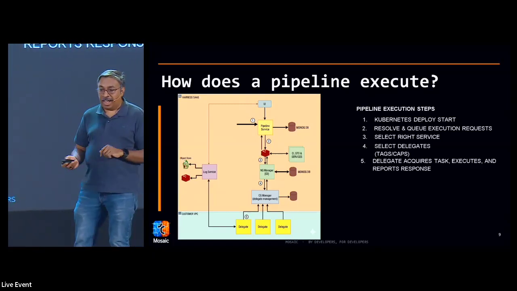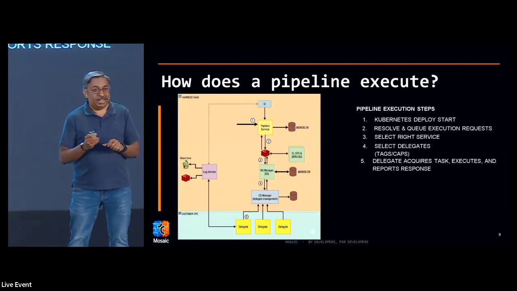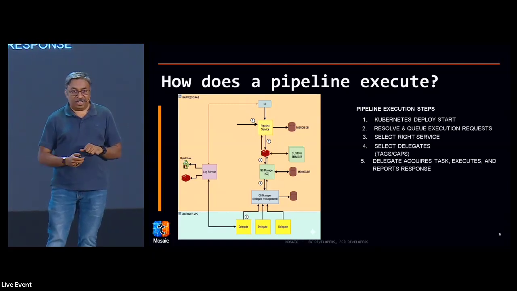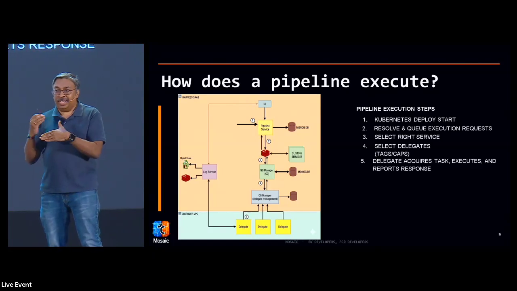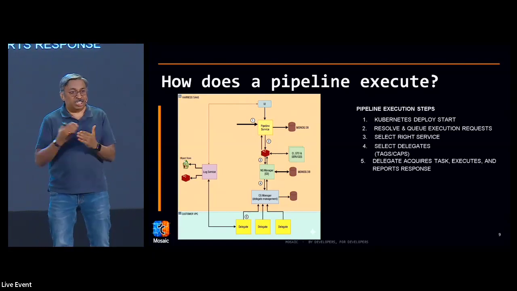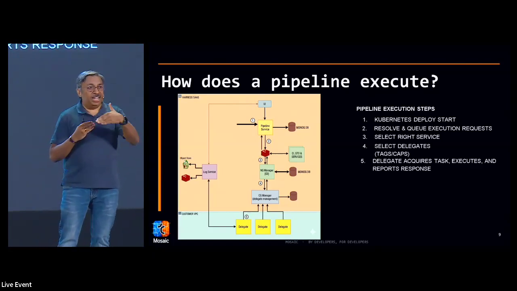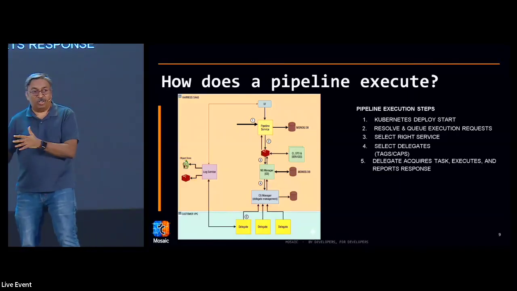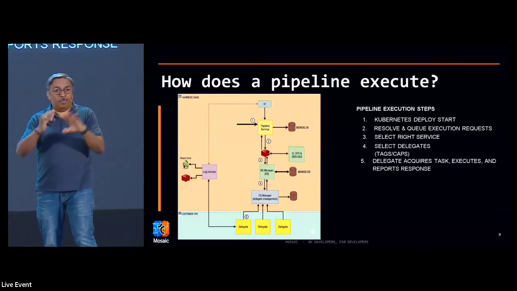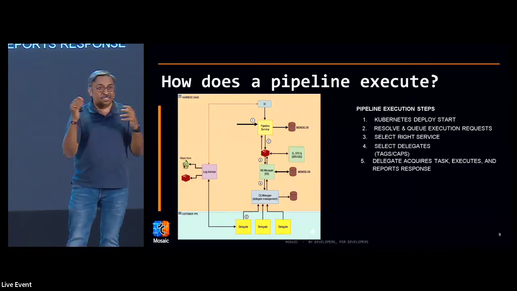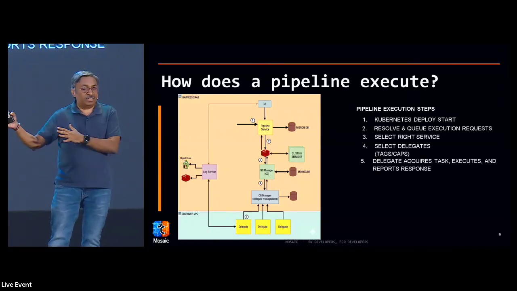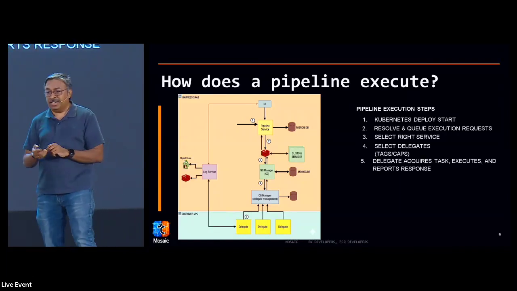Okay, and now it needs to find the right delegate to execute that. All right. So, like I said, we have a subsystem which manages all the delegate communication. That's the one which is going to know everything about the delegate. Nobody else knows anything. So you take the request and pass it to that system to take care of it. All right.